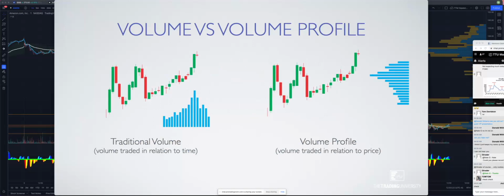Because traditional volume is shown as volume traded in relation to time, whatever time frame you're looking at. So if you're on a 1 minute chart or a 5 minute chart or an hour chart or a daily chart, you're seeing volume traded within that time frame.